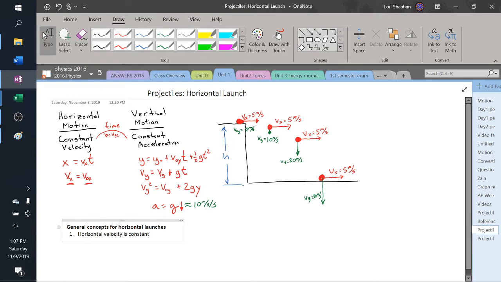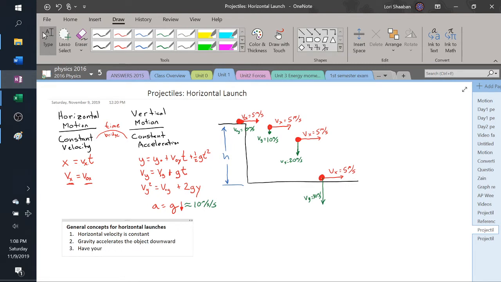Another component is that gravity accelerates the object downward. Have your reference frame start at the initial position and go down.